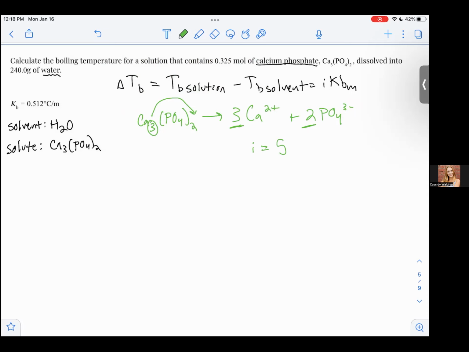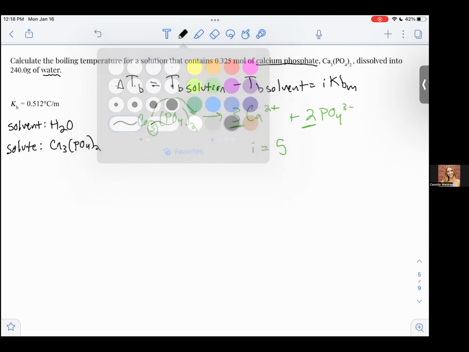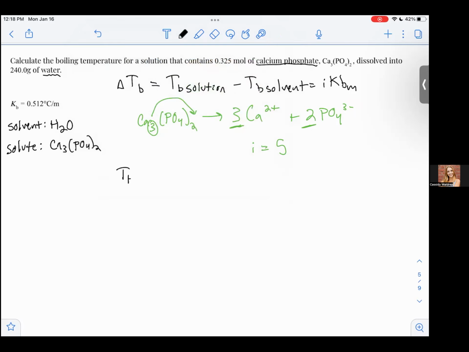So we now know that for TB solution minus TB solvent, it's going to equal 5. Let's insert our KB that we're given, 0.512 degrees Celsius per molality. And then we still have that M value. So what is that M value again?